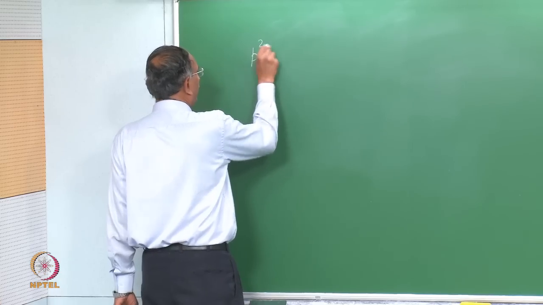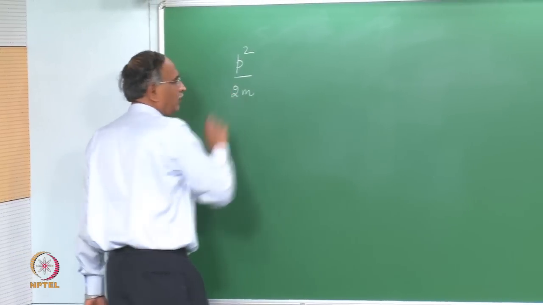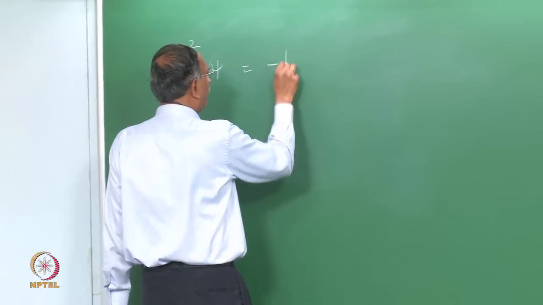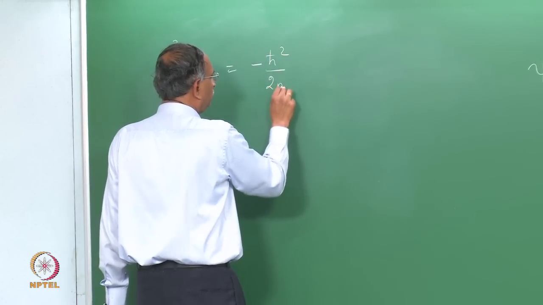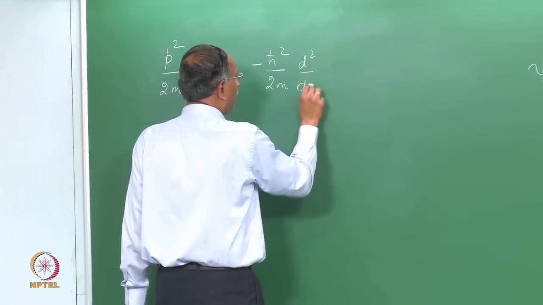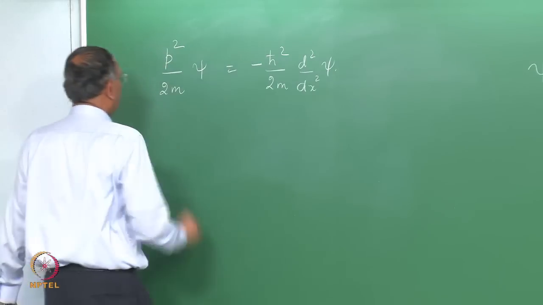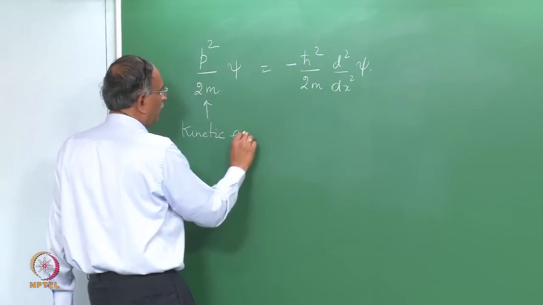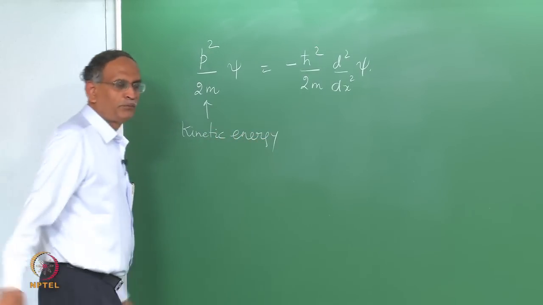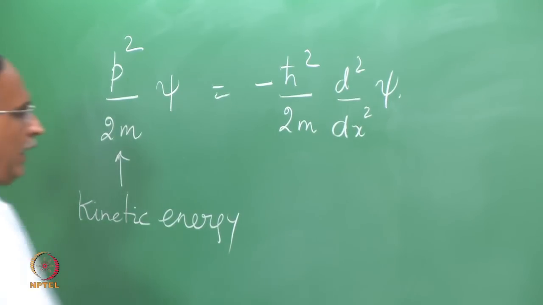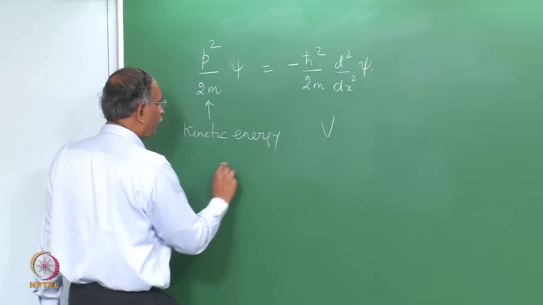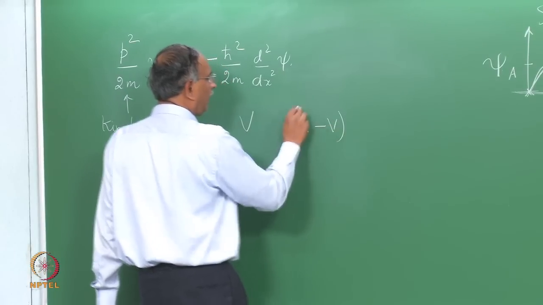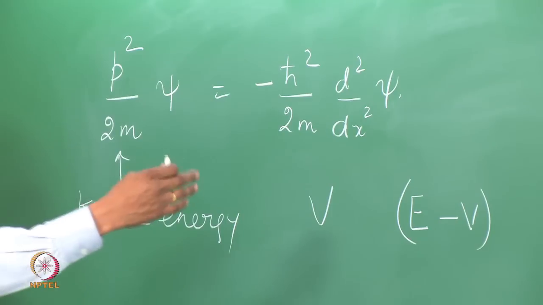Therefore, if we write the kinetic energy p squared by 2m on psi, that turns out to be minus h bar square by 2m d square by dx square psi. This being the kinetic energy, if there is a potential energy V, then it is the difference between the total energy E and the potential energy V, which may be a function of x.